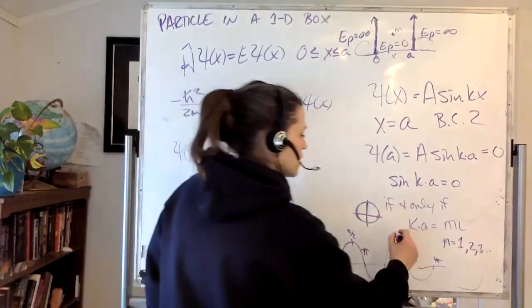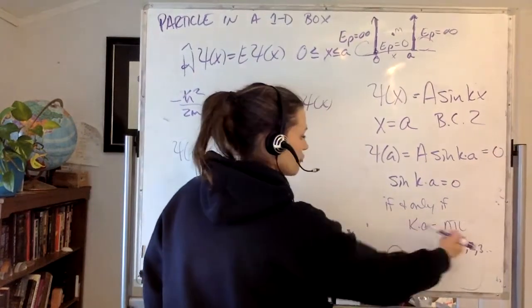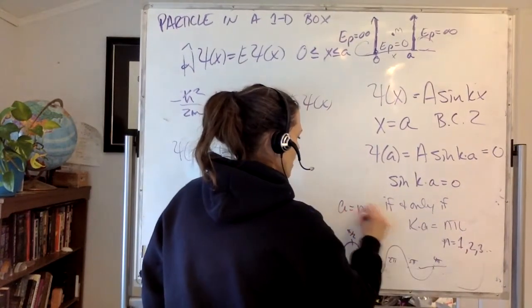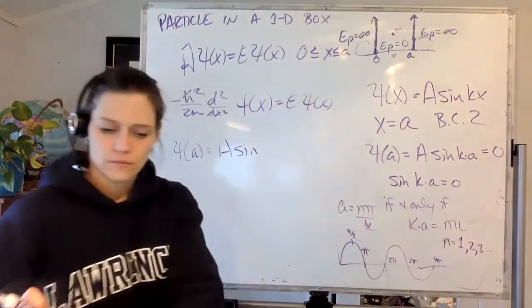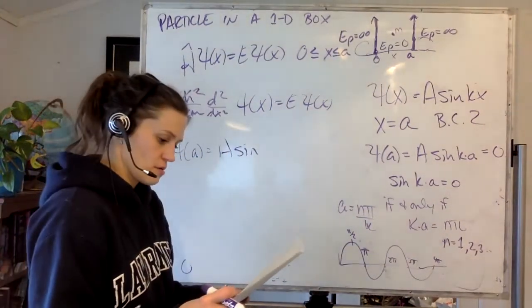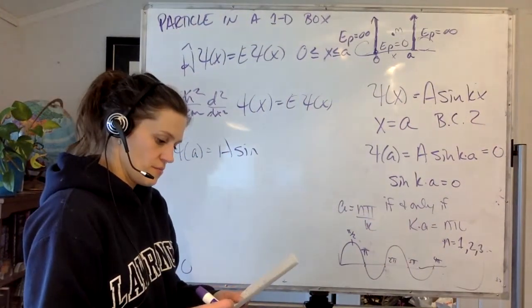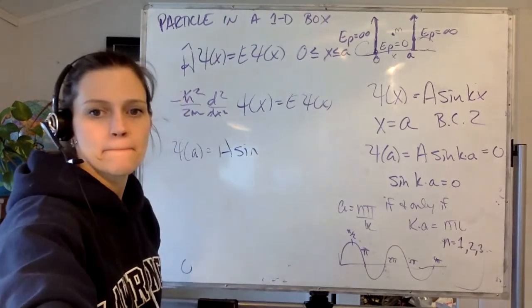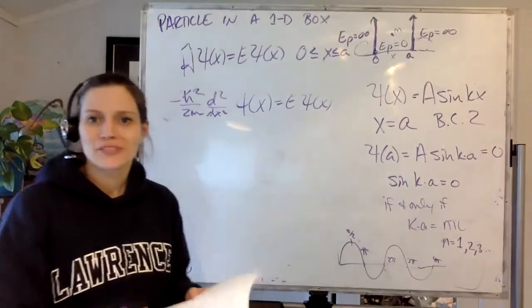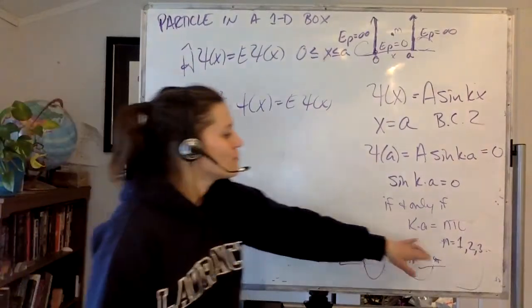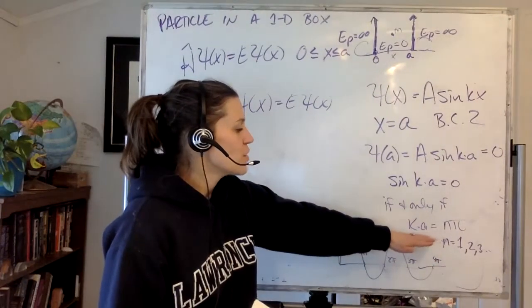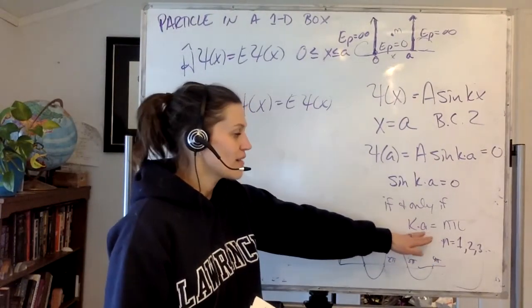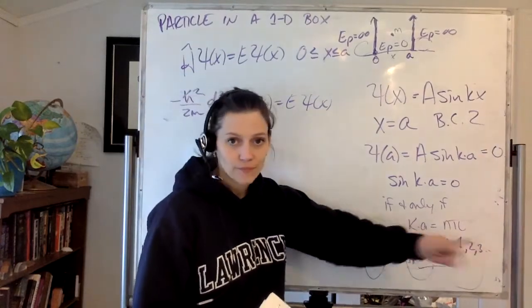Solve for a then. So a is equal to n pi over k. Actually, let me make sure I want to do this right. Actually, pause for a second. Okay, sorry, I lost my train of thought. So we know that our condition is satisfied when ka equals n pi.